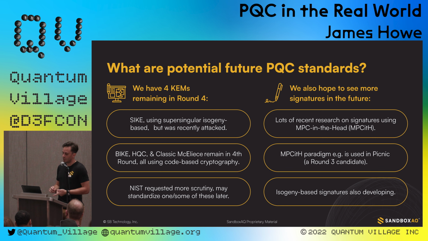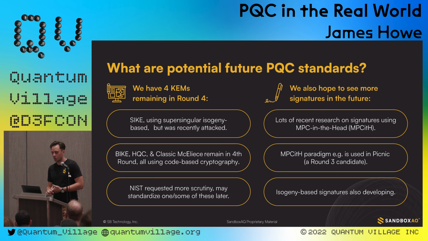For example, there was a scheme actually in the competition called Picnic. NIST decided not to go with Picnic into a fourth round. I think they saw some of the other research that has happened recently and thought they might have better submissions that are similar to Picnic. So that's going to be really exciting.